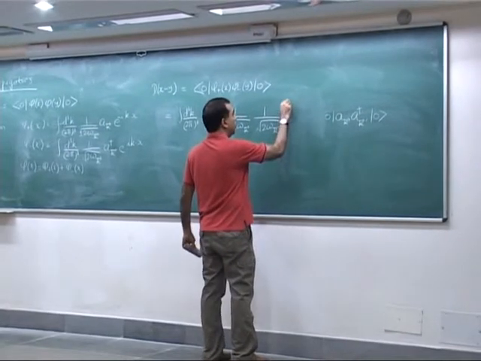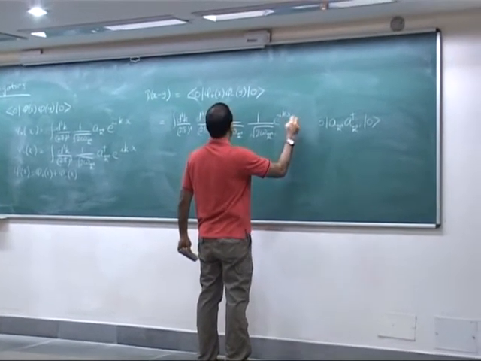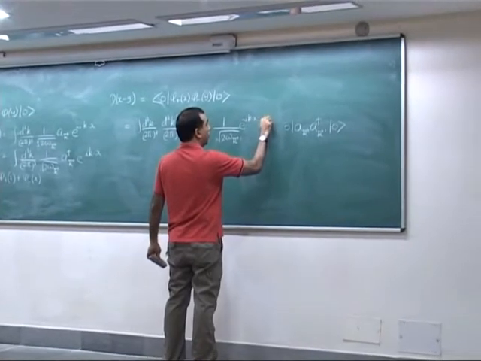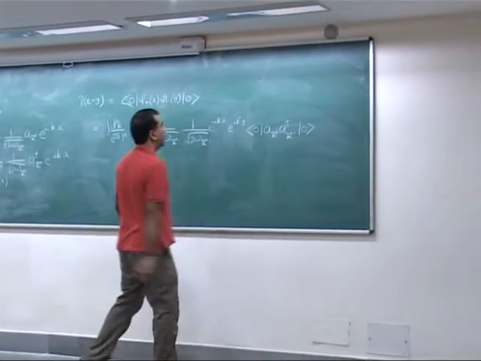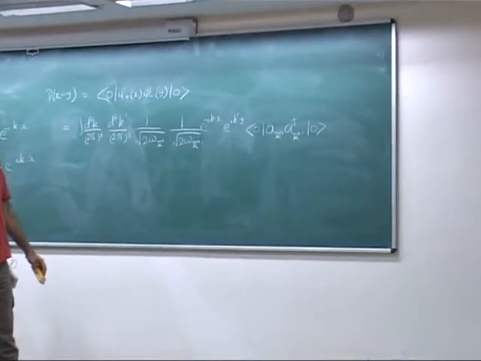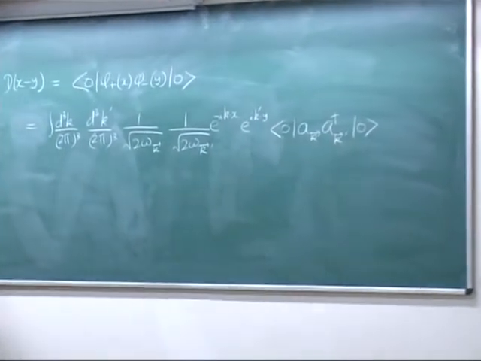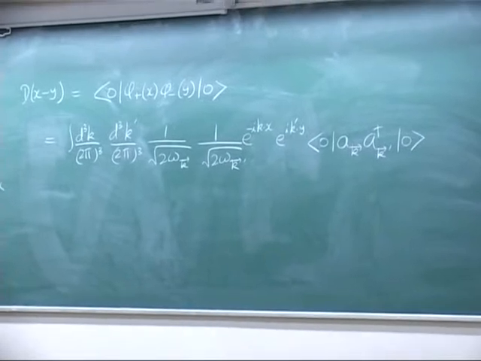E to the minus i k dot x, e to the i k prime dot y. Correct. Now, I seem to be in a slight mess. Keeps happening.